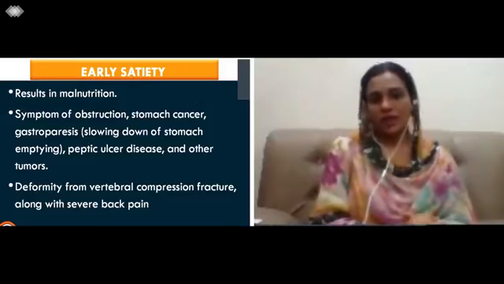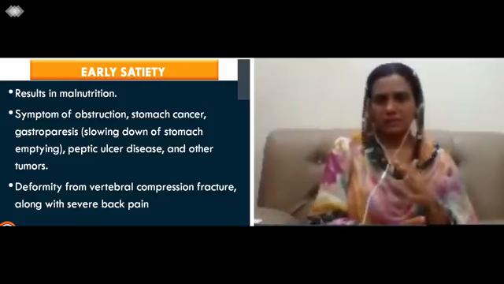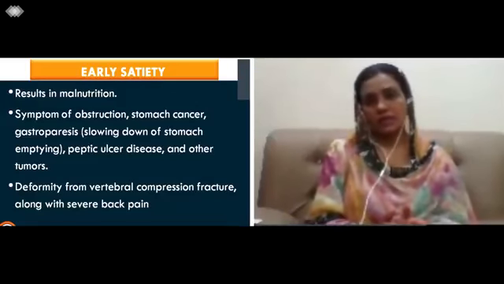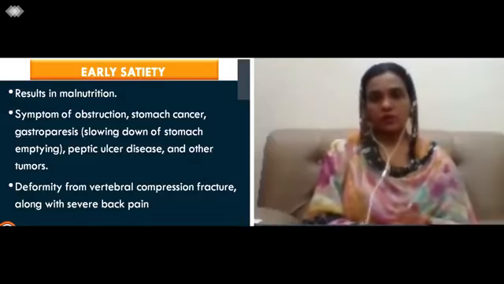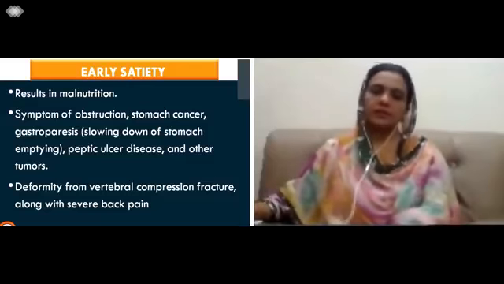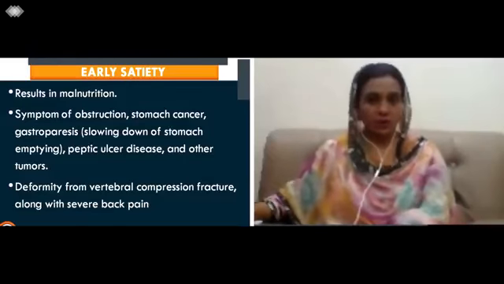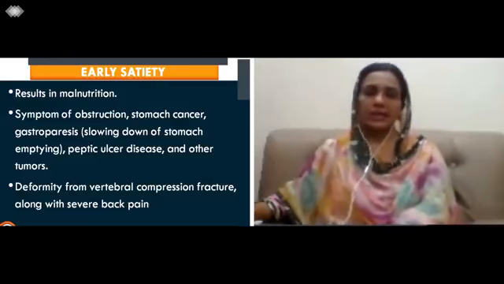So such a deformity, when there is a vertebral compression fracture with gibbous formation, can lead to the symptom of early satiety. But obviously, it will also have severe back pain associated with the fracture or whatever is causing the deformity. So a musculoskeletal deformity can be a cause of early satiety, and there are many causes related to the GIT that can cause it as well.